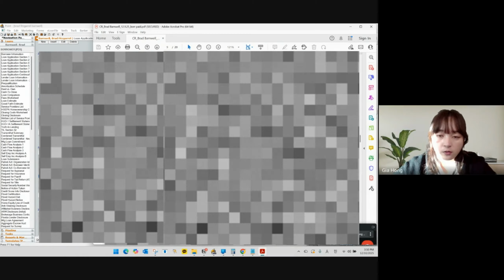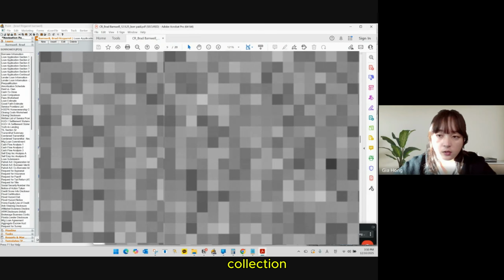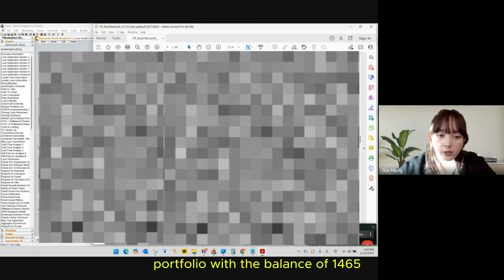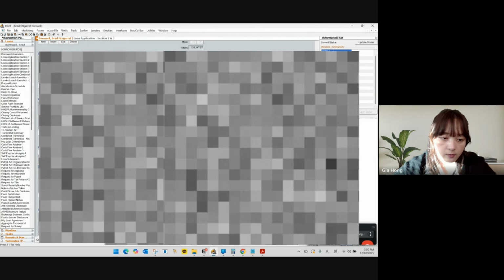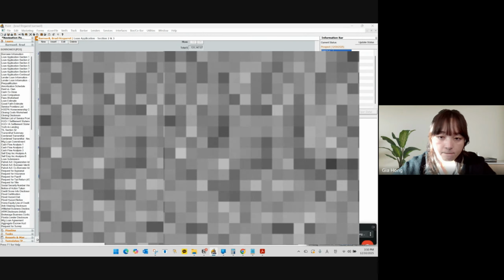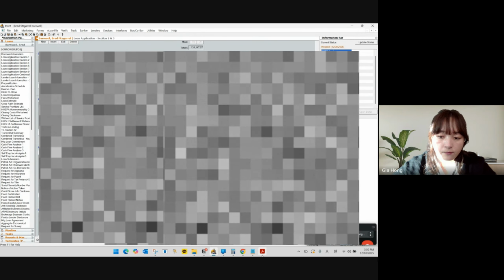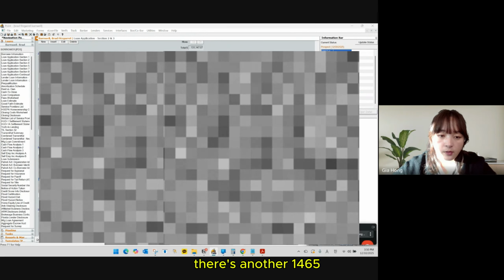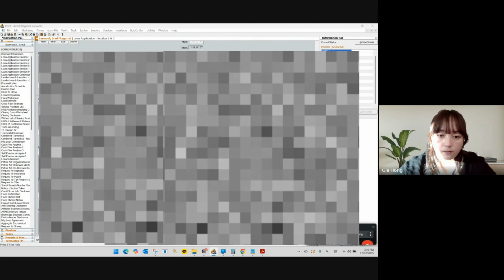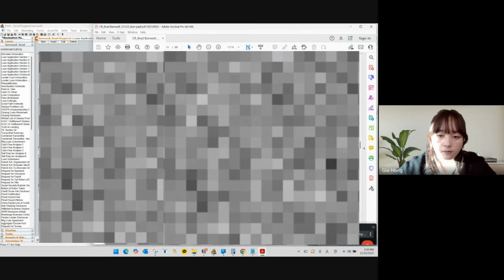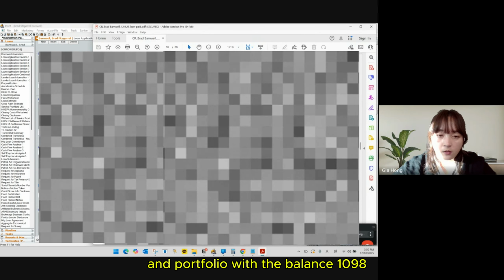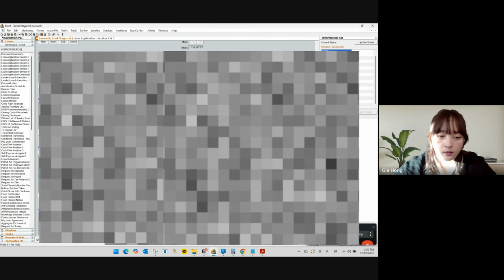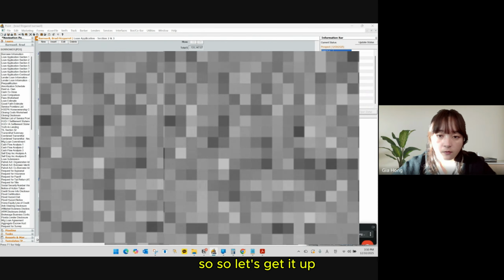Charge off. Collection portfolio with the balance of 1465. There's another 1465. And portfolio with the balance 1098. So also must be paid off.